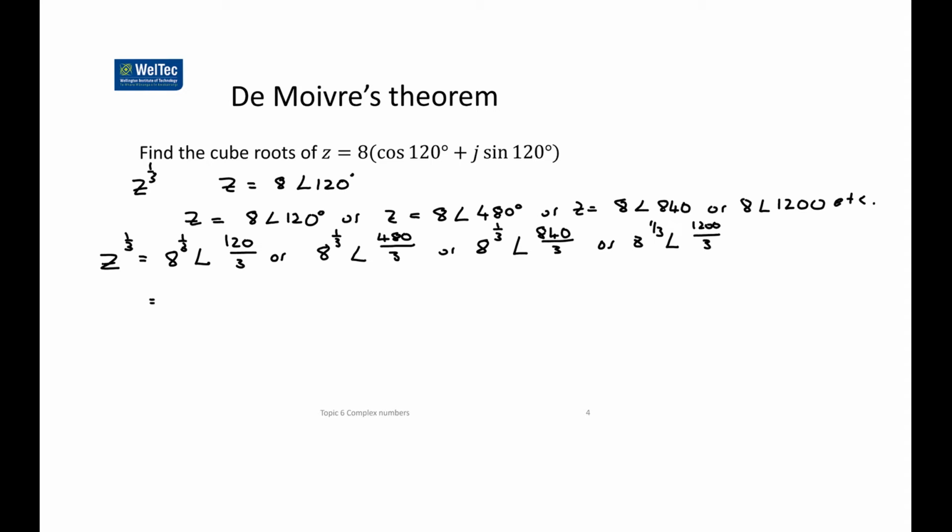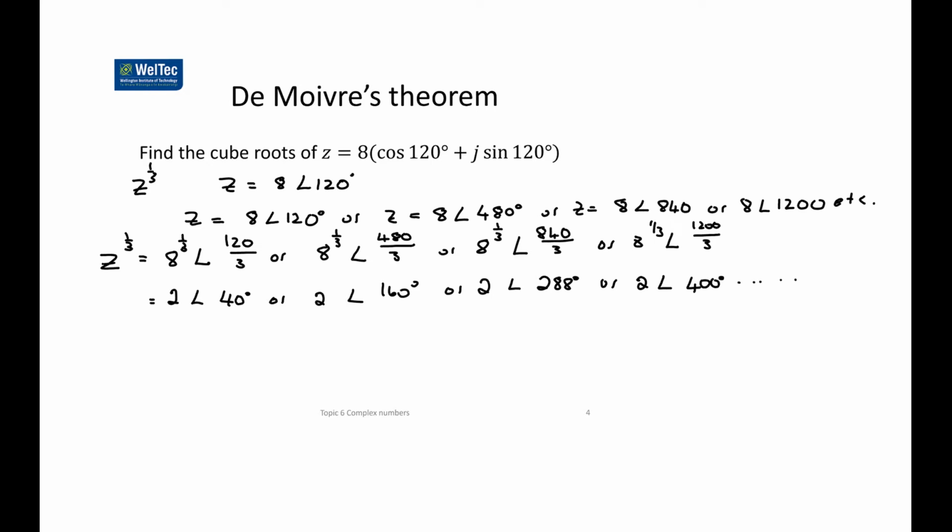So I get, cube root of 8 is 2 angle 40, or 2 angle 160, or 2 angle 280, or 2 angle 400, etc, etc, etc.